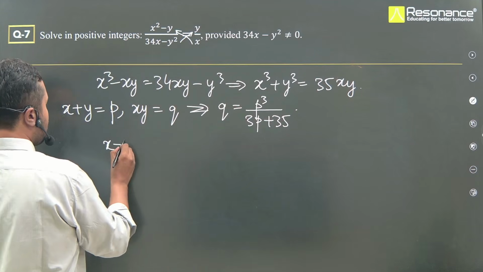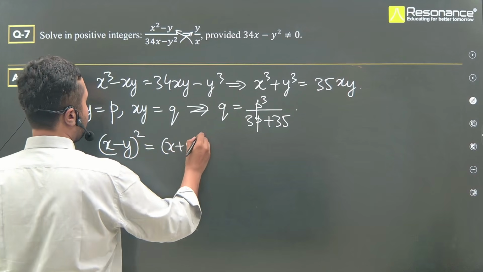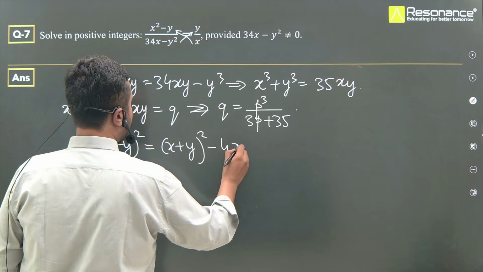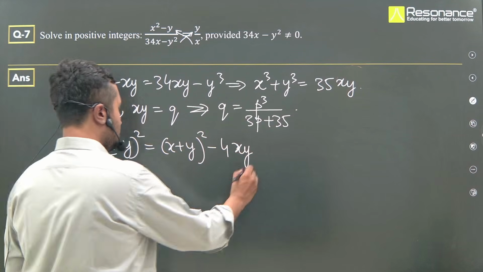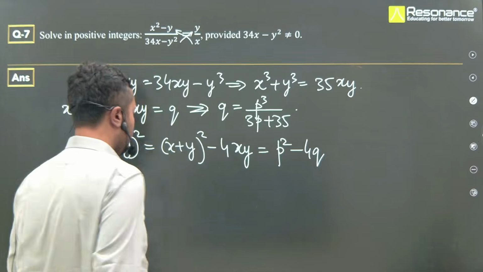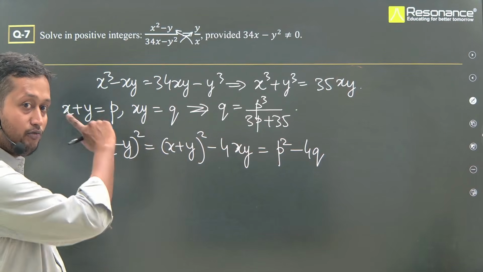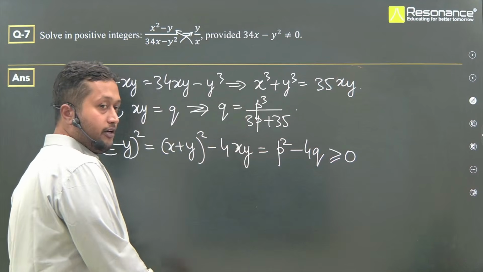I can just write x minus y whole square as x plus y whole square minus 4 times xy. Now what is all that? That is p square minus 4 times q. By the way, that's the discriminant of the quadratic that I just wrote. So this better be greater than or equal to 0.